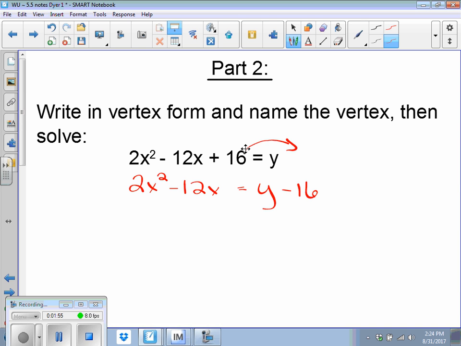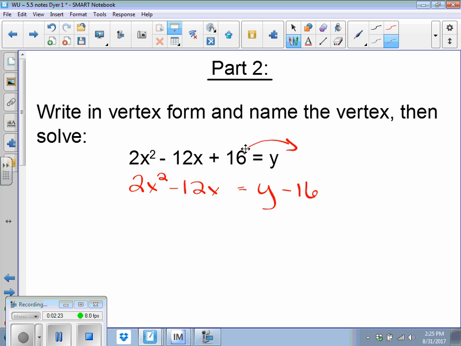So if I divide this by 2, that gives me 6x, right? If I divide 16 by 2, I get 8. You can't skip a term. So that means I have to divide y by 2 also. Well, now I have y divided by 2, or 1/2 times y. So dividing by 2 is not the best route to go.